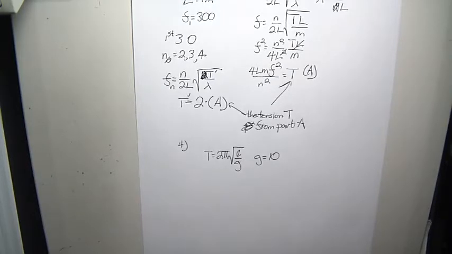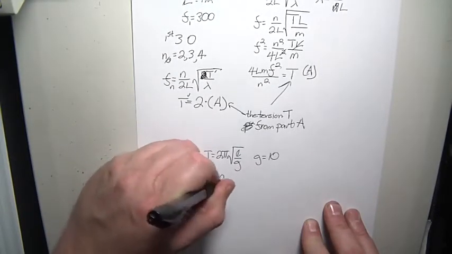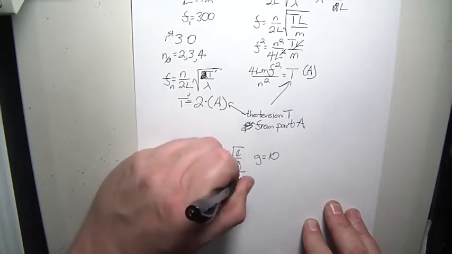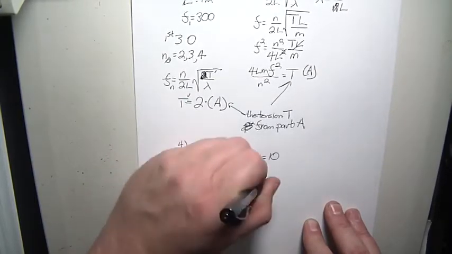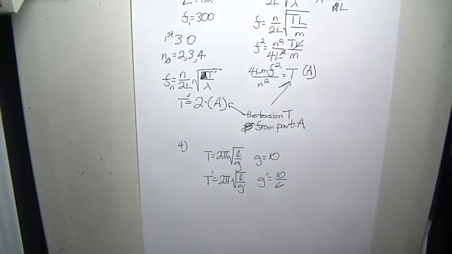You then take the pendulum to the moon and measure the period again. What is the new period? So T prime is equal to 2 pi square root of L over G prime, where G prime is 10 divided by 6. Done.